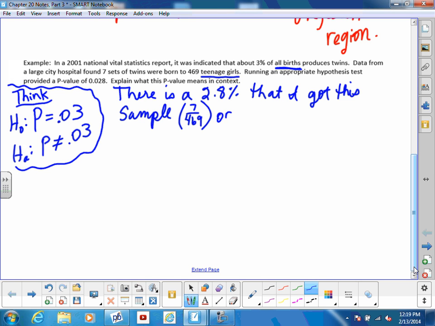Or something more extreme. That's actually important because that makes the area. That makes the tail. That's like going out to infinity. If you don't have that, then you don't have an area. Or something more extreme.